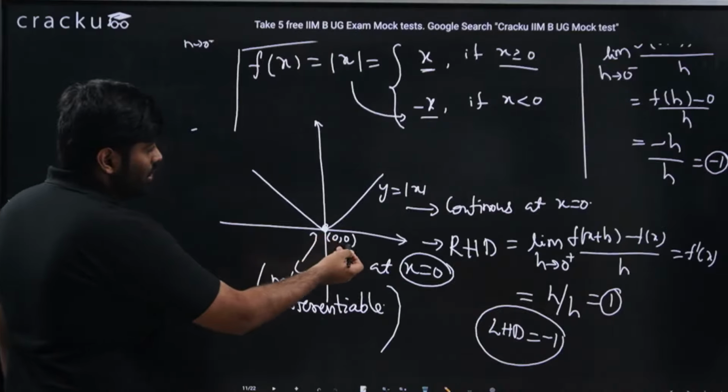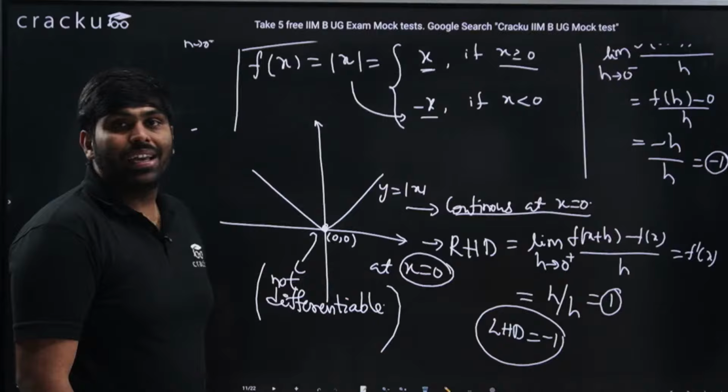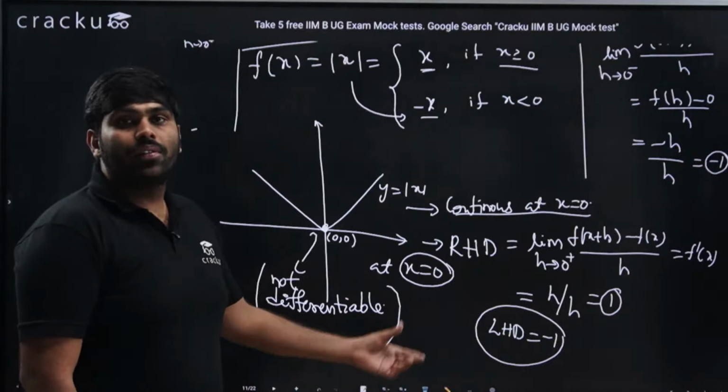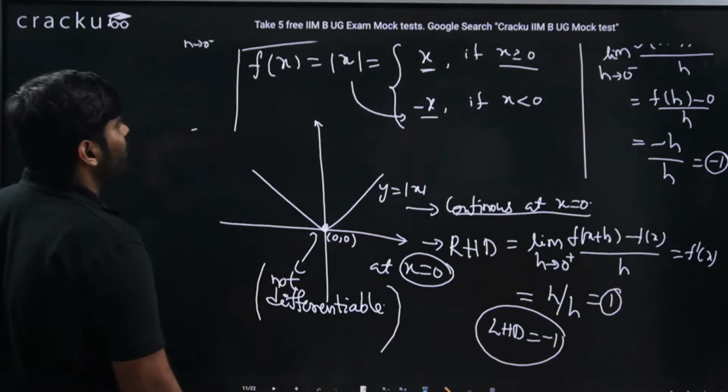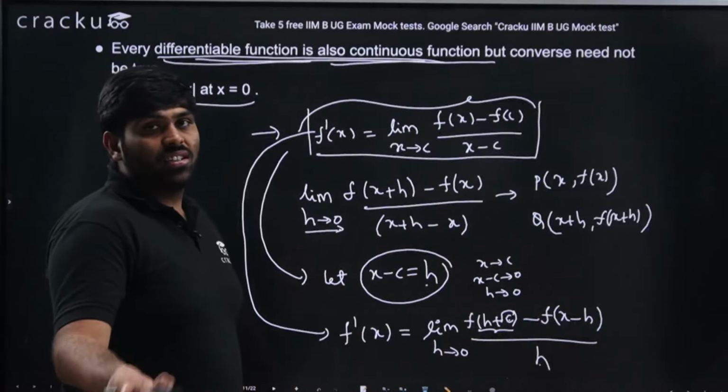Whereas it is continuous. It is continuous at x equal to 0, mod x, but it is not differentiable at x equal to 0 because the left hand derivative is not equal to the right hand derivative. The right hand derivative is h by h, which is 1, and the left hand derivative is minus h by h, which is minus 1. So the logic is that if a function is differentiable, it is definitely continuous, but if a function is continuous, it need not be differentiable.